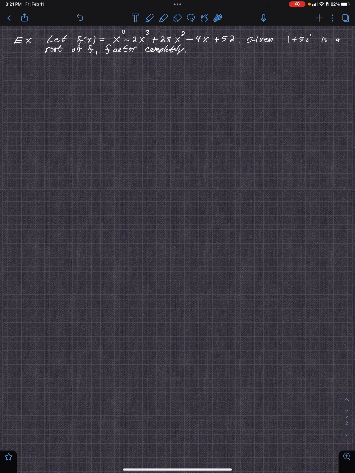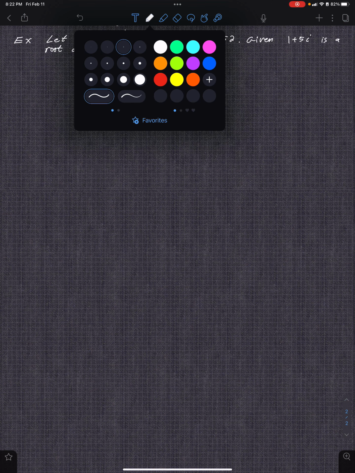So this is an application of the conjugate zero theorem. First, we note that all the coefficients of this polynomial are real, and we are given that 1 plus 5i is a root. So because of that, what we know is this.